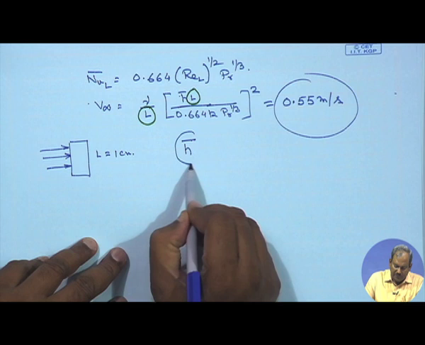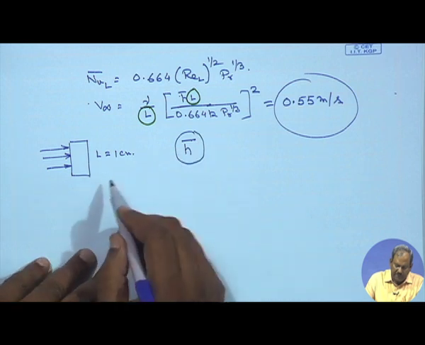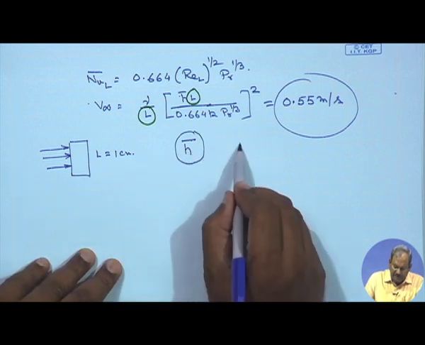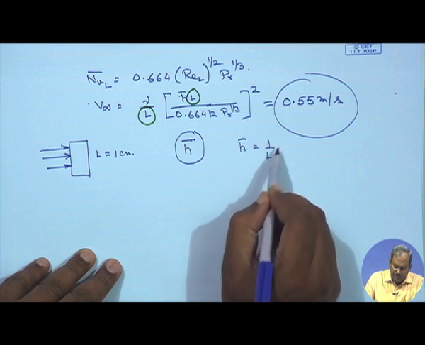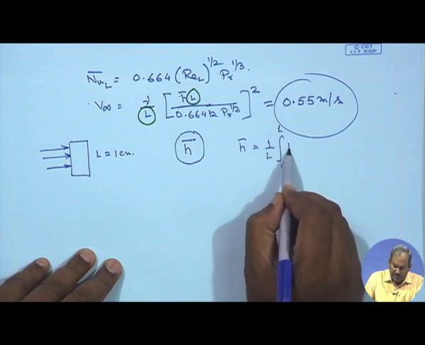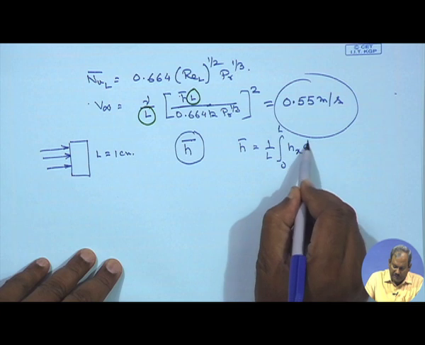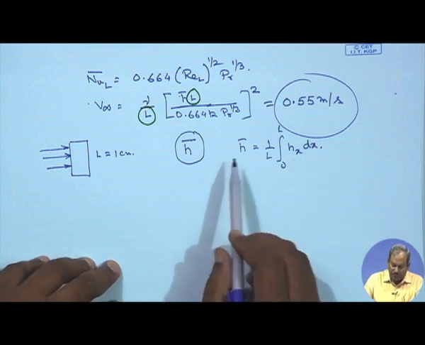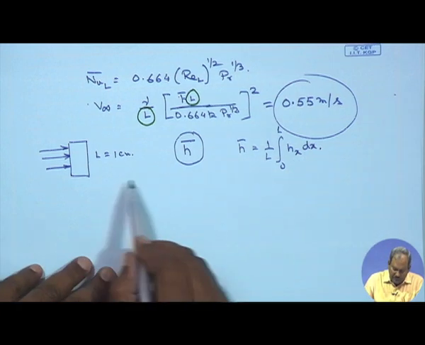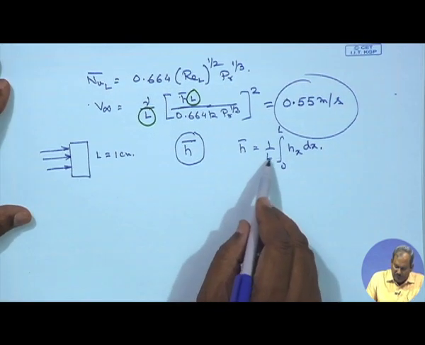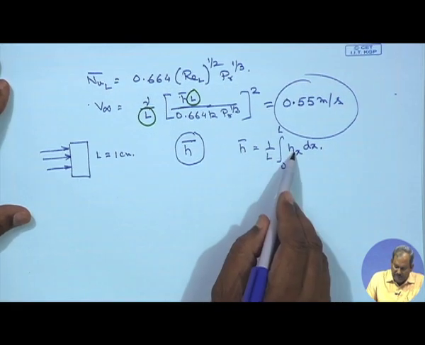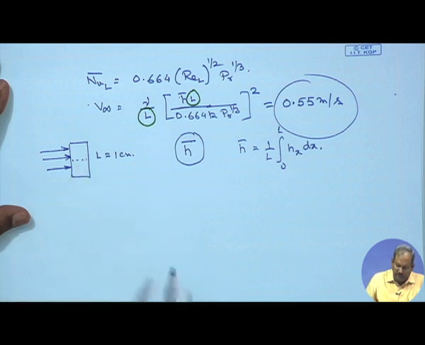Now, this value of H bar simply tells you that it is a length average H, since H bar is simply equals 1 by L, integral 0 to L of H, which is a function of x, times dx. So, on this material, your value of H, Hx, is going to be different at different points.